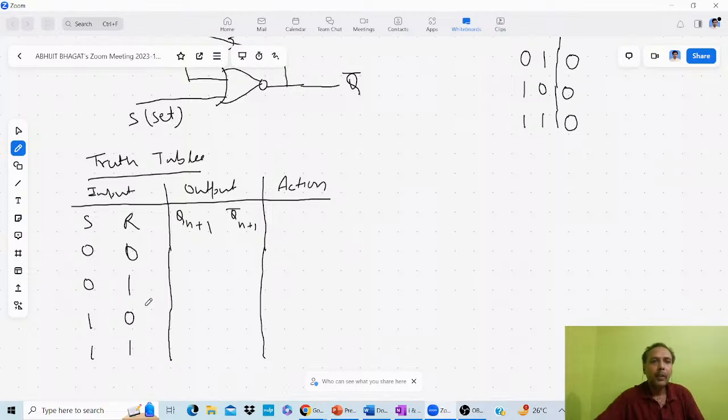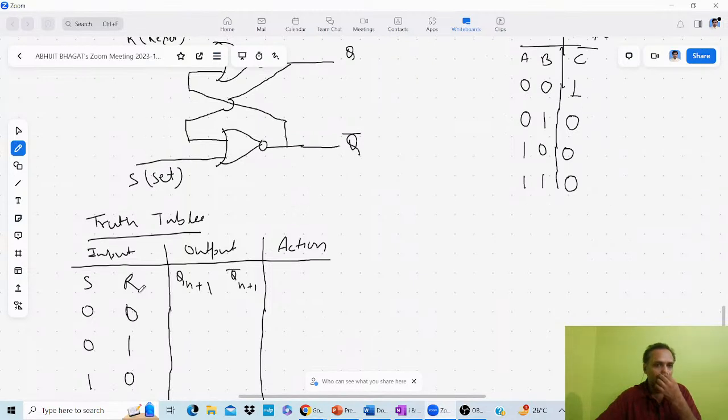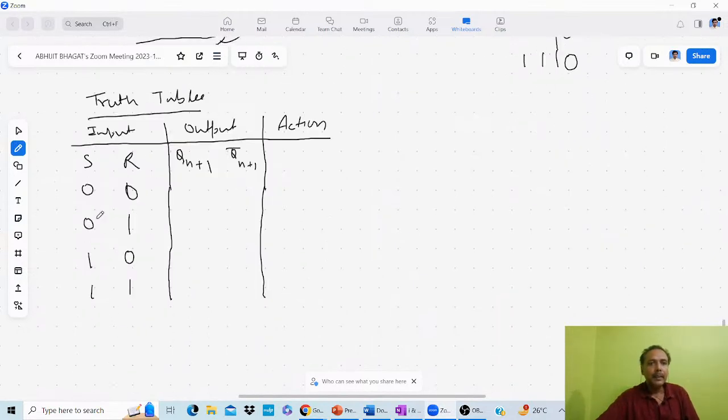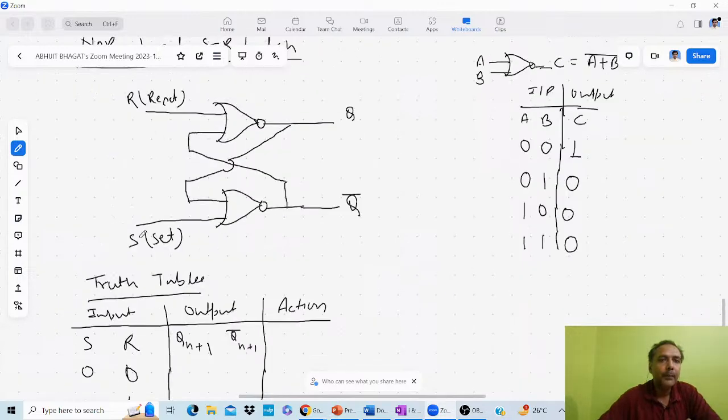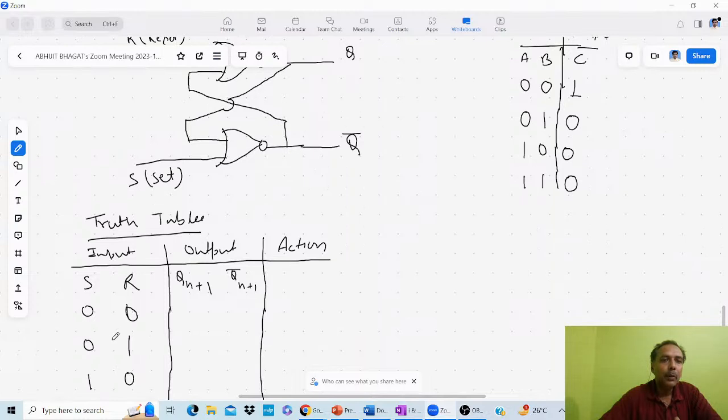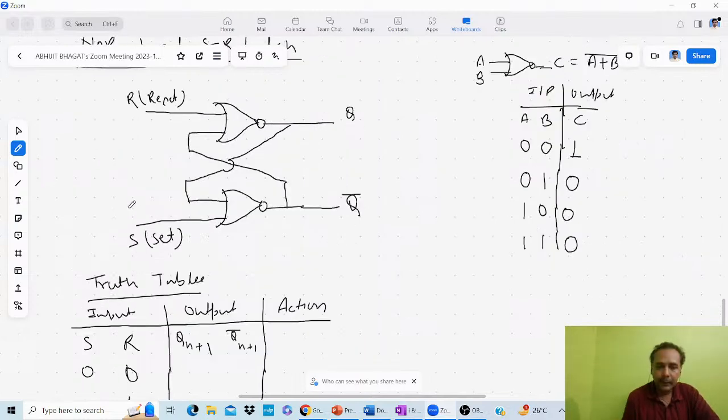Now suppose first we consider this 0 1. First we start with the 0 1, then I will explain next this 0 0. First we start with this 0 1, means your input is S is 0, R is 1.